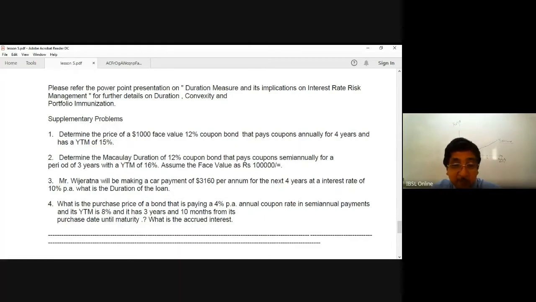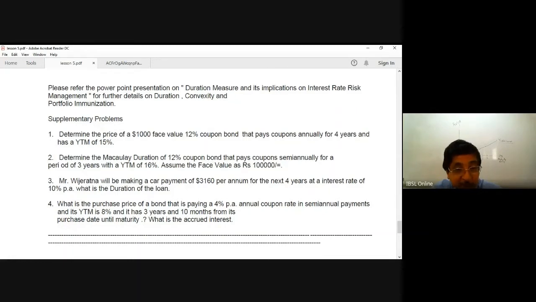And the interest rate is 10%. We are only talking about the cash flow, and the discounting factor is 10%.